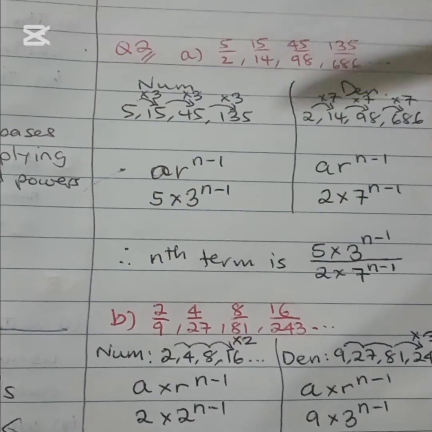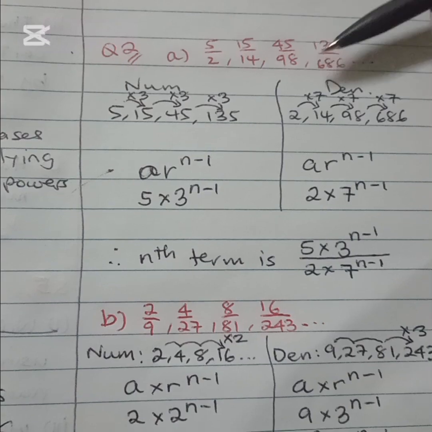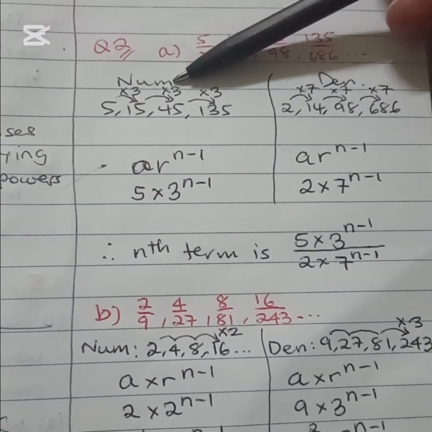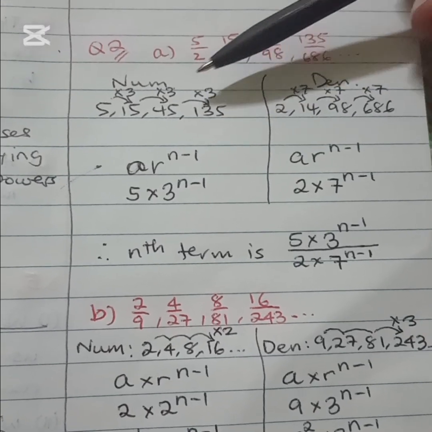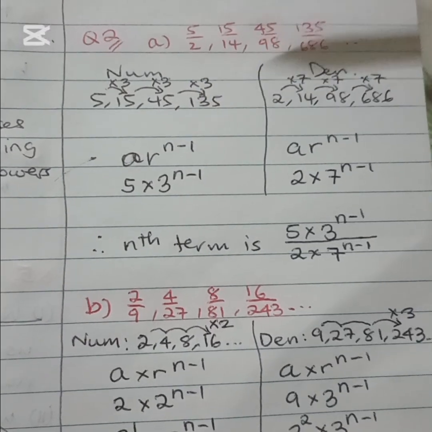So here's another fractional sequence which is geometric in nature, where you are multiplying, not dividing, by the same amount to get from one term to the next.